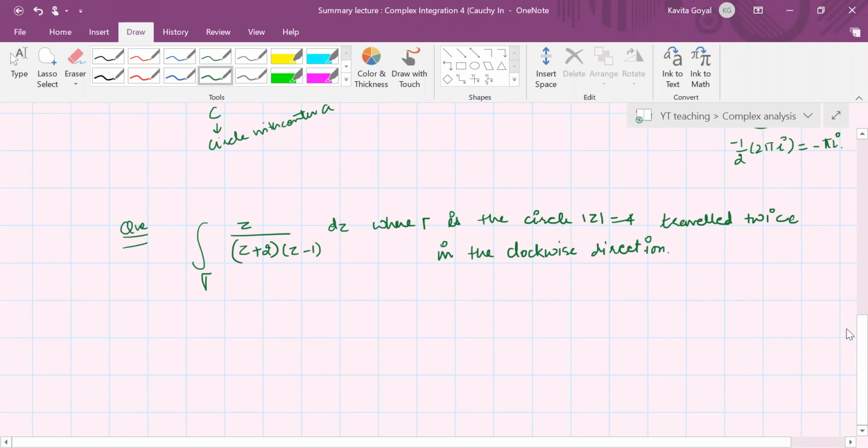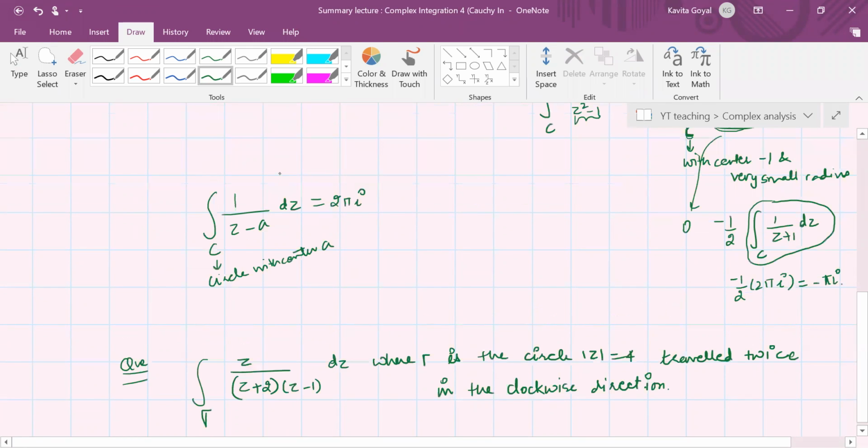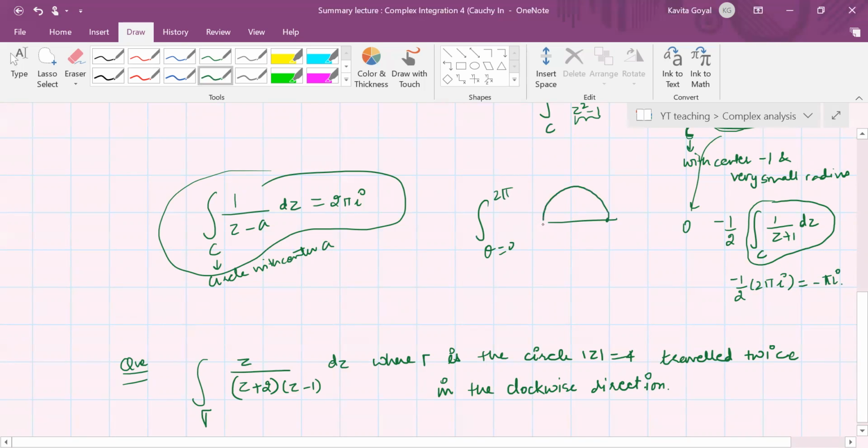The formula which we have obtained is for traveling in a counterclockwise direction, because you take theta from 0 to 2 pi, starting from theta equal to 0, going around and coming back. So this formula is for a positively oriented curve.